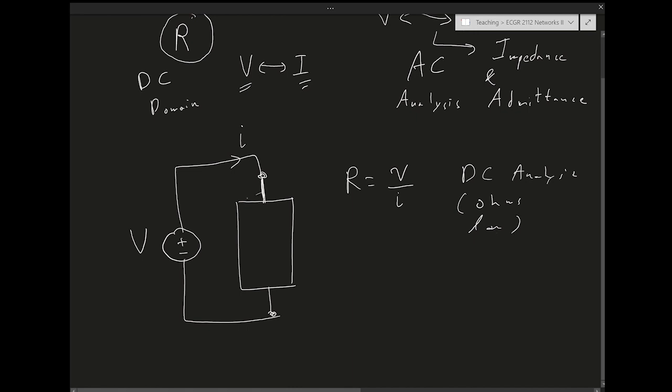This could be a single resistor, or it could be a big circuit. The point is that the equivalent resistance of this big circuit is going to be V over I, right?